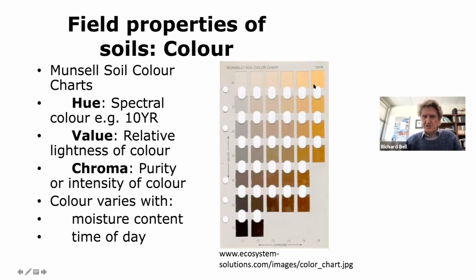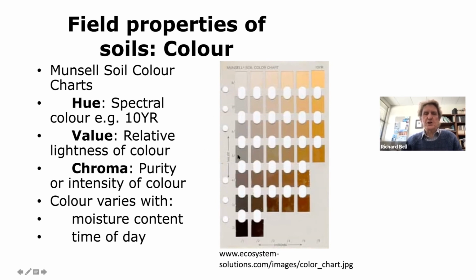And they're arranged into charts which have a spectral colour called a hue. And then these rectangles are arranged according to their lightness or darkness. So dark at the bottom and light at the top.